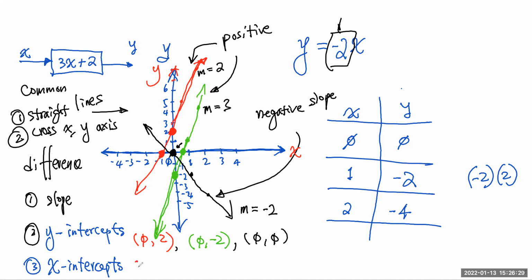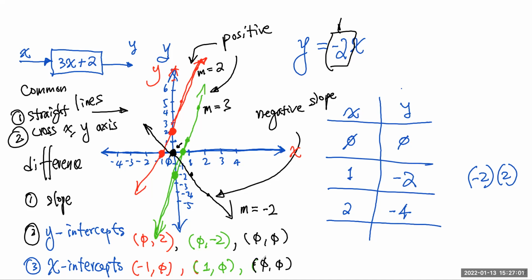For the x-intercepts, one is at -1, 0, this point. The second one, the green, we're not quite sure yet, but it's close to 1. For the sake of argument, let's just put 1 here. The y is always 0. And of course, the last one is 0, 0.